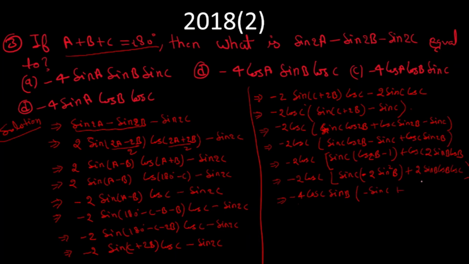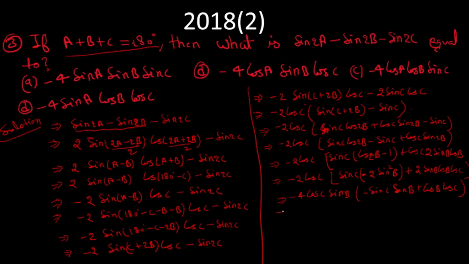Plus, sorry, minus sine c and sine b also, sine b, and here we got 2, not 2 because we took 2 common already. So here we get cos b and cos c. Okay, so we got this and our question is given in that form.